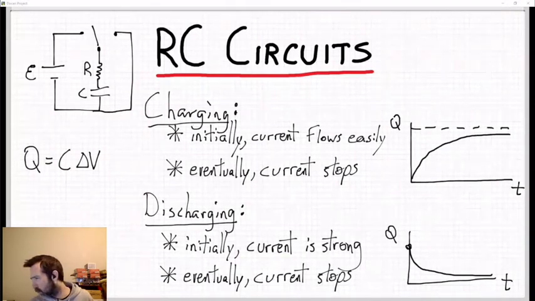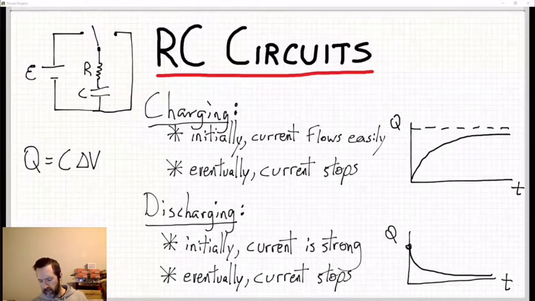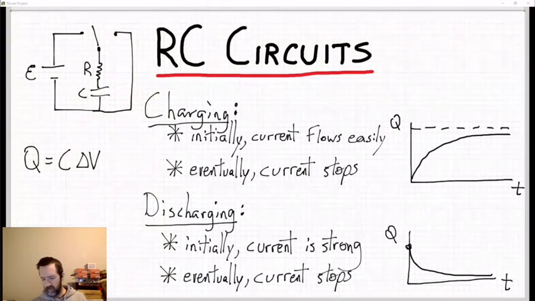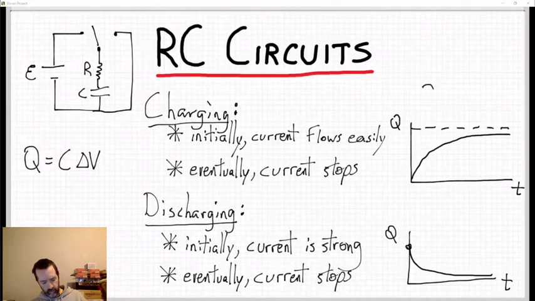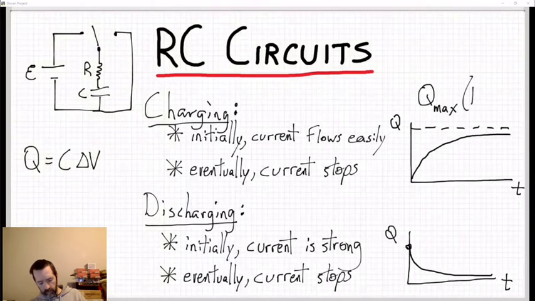What else did I want to say in this one? So I'll talk about the forms of those functions. Why don't I go ahead and do that now? So this is still for the simplest case, where there's just the one resistor and the one capacitor. But the growth function is going to look something like Q max times 1 minus e to the negative t over RC.